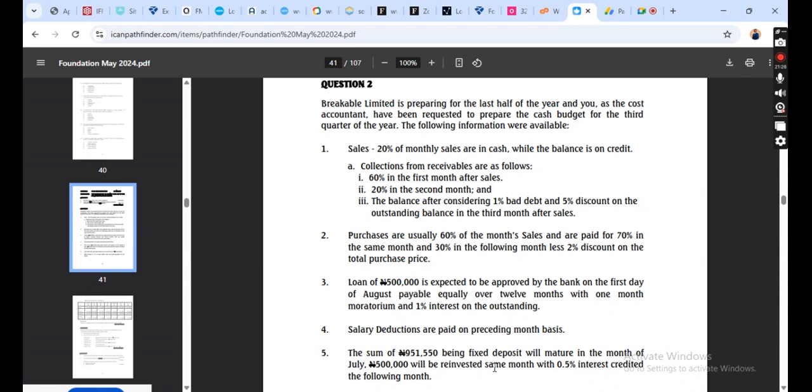Of August, payable equally over 12 months with 1 month moratorium and 1% interest on the outstanding. The question says that it is the 1% on a monthly basis.